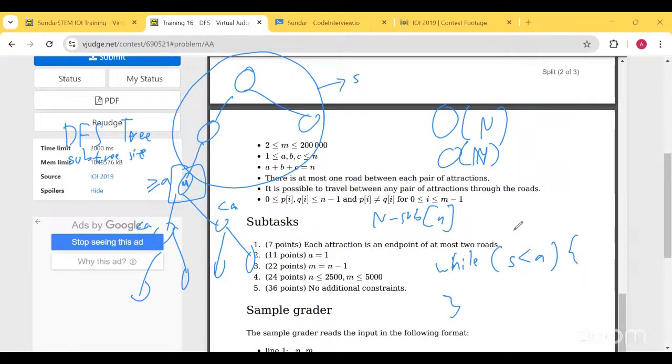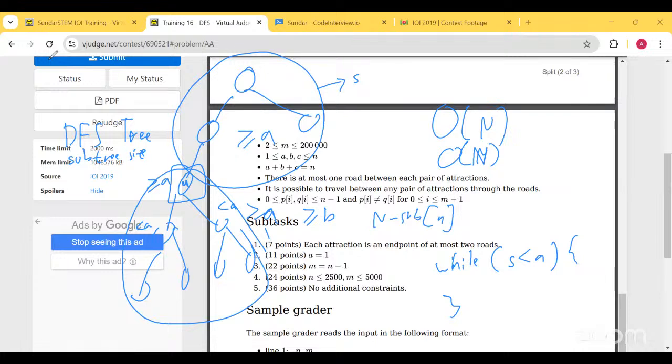But if this is already greater than or equal to A, then okay, we already get a component greater than or equal to A, and then this is also greater than or equal to A. Then just check which one is greater than or equal to B. If this is greater than or equal to B, just create B here and create A here. If not, then it means this is greater than or equal to B. Just create B here and A here.